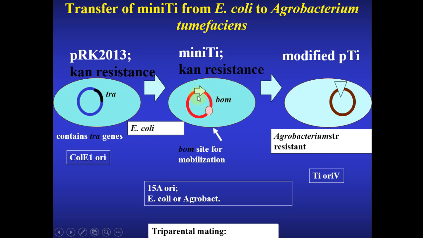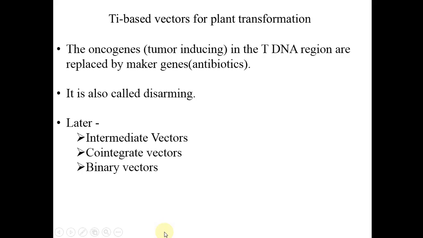This kanamycin resistance is transferred from this plasmid to this, and then this is again modified by deleting tDNA. The oncogenes, that is tumor inducing genes in tDNA regions, are replaced by a marker gene.